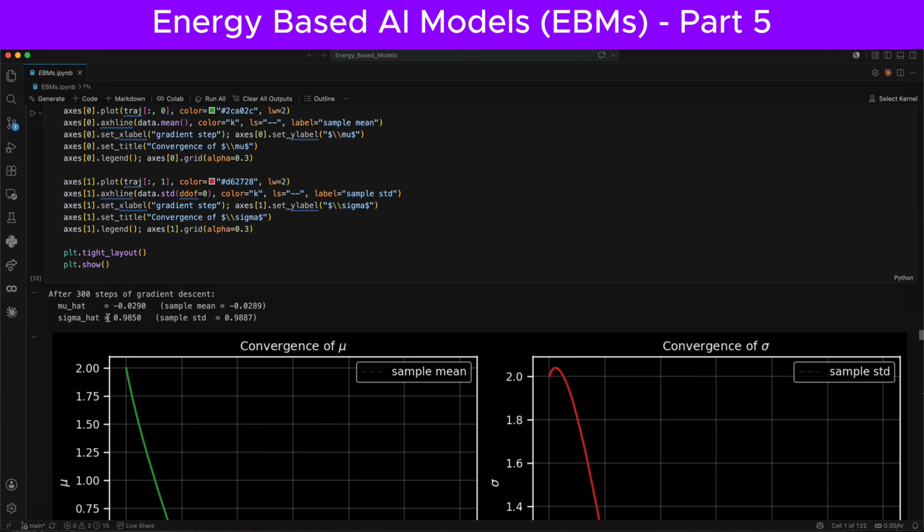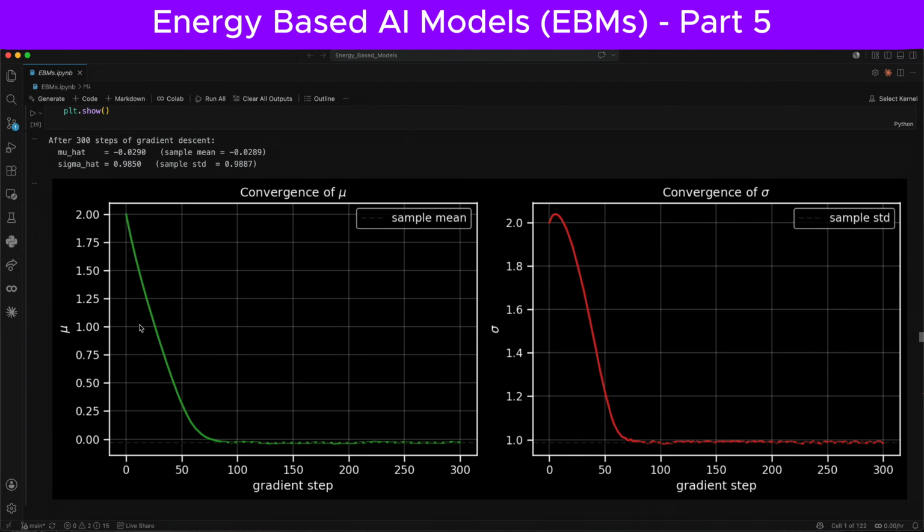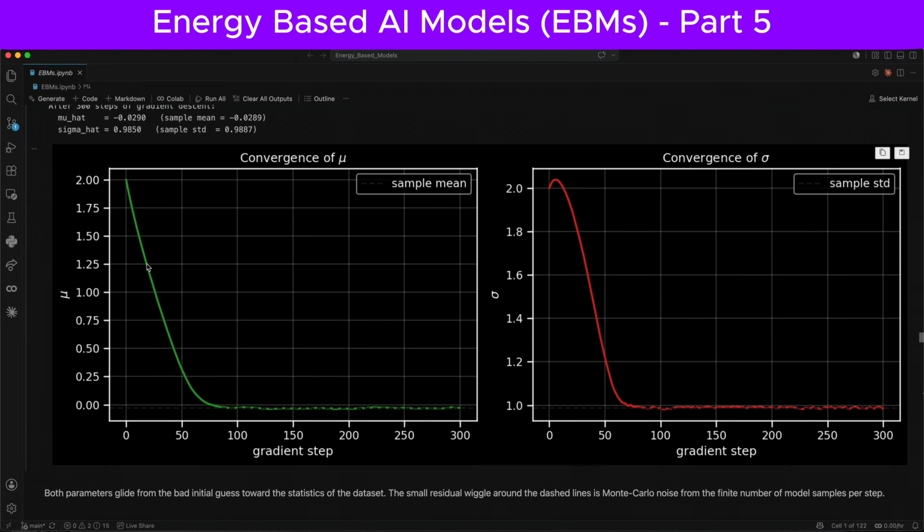That is the value of the same parameter in the true distribution, which in practical settings only God knows. The estimated sigma is about 0.985, which is close to the true value of 1. Looking at the two plots, both parameters glide from the bad initial guess toward the two values. The small residual wiggle around the dashed line is Monte Carlo noise.